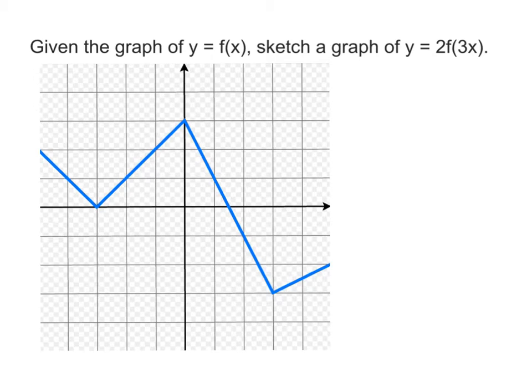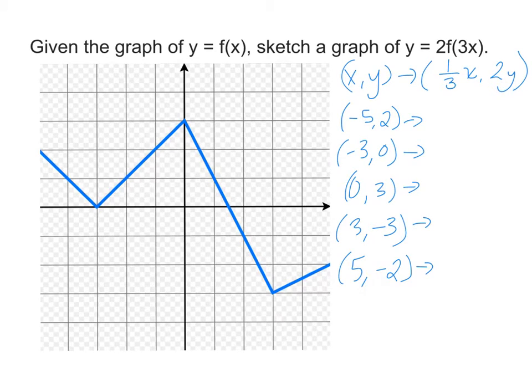Those are the two transformations that are happening. So then we're going to make a mapping rule. xy maps to. What's it going to be? 1/3 x and 2y. That's how we put both of them in a mapping rule together.